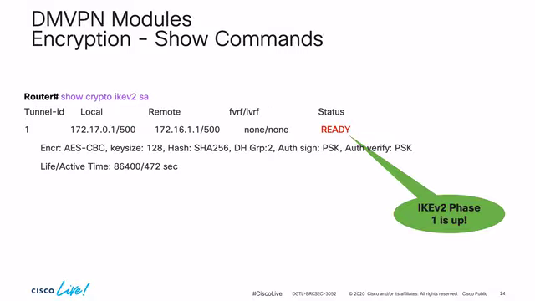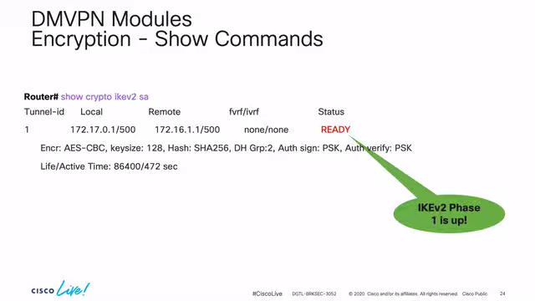If you were to run show crypto ikev2 sa, the important part of this output is that we need to ensure the local and remote peers match the tunnel peers, and that the status says ready, which indicates that IKEv2 phase 1 is up.